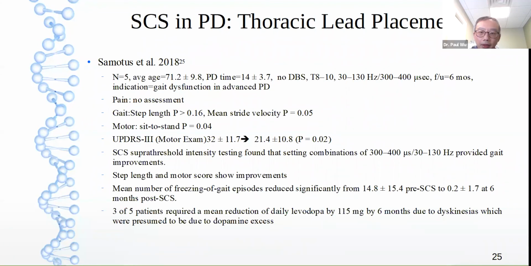This study, again, is particularly used for gait dysfunction in advanced PD. This is not for pain in terms of using spinal cord stimulation, so there's no pain assessment. They showed borderline improvement in gait, in step length, as well as mean stride velocity.